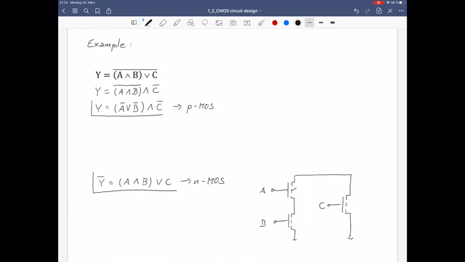Of course, these are NMOS transistors, and I can already draw the output signal, which is Y in this case.